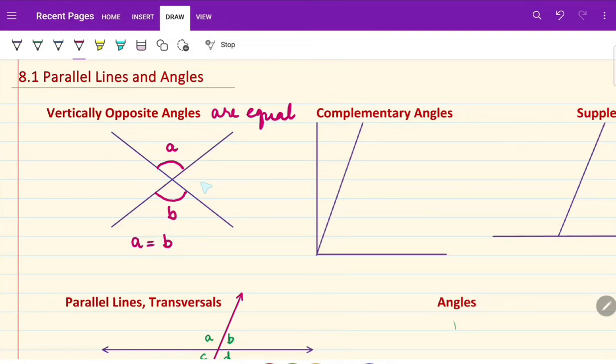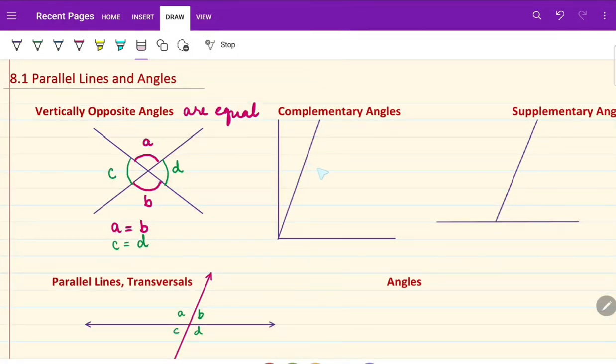Likewise, there's another pair of angles vertically opposite in this figure, which is this angle here, C, vertically opposite to the angle on the other side, which I'll call D. So C and D will also be equal to each other by the vertically opposite angle theorem.